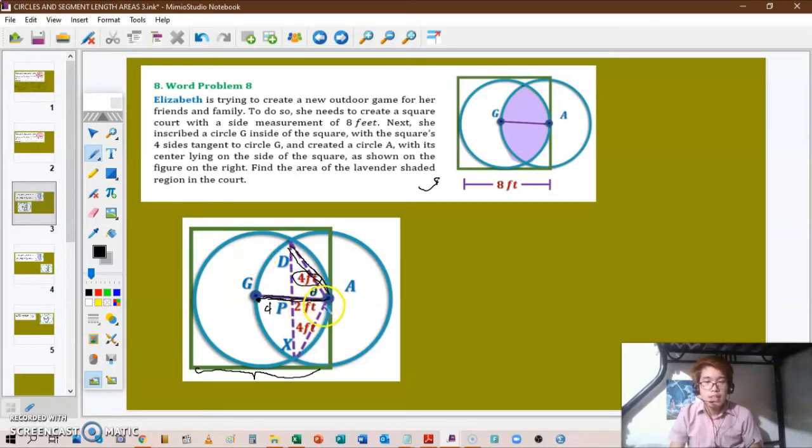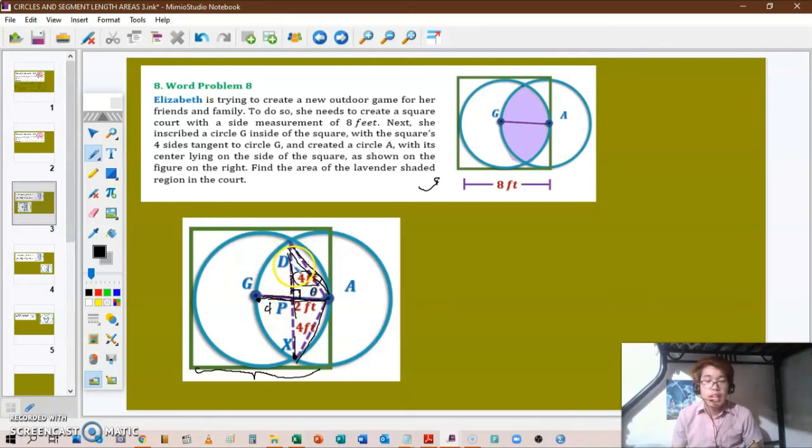Since that's equal to 4 feet and this is also equal to 4 feet, we can create a perpendicular bisector here. We've created a perpendicular bisector DP that extends to the lower side also, which we can connect to the bottom part here. So that's the X. This is the perpendicular bisector, and we have here a 90-degree angle.